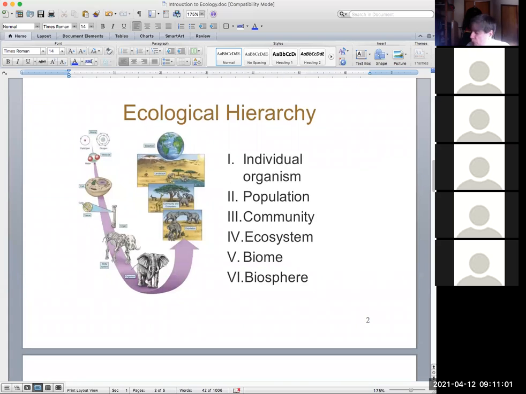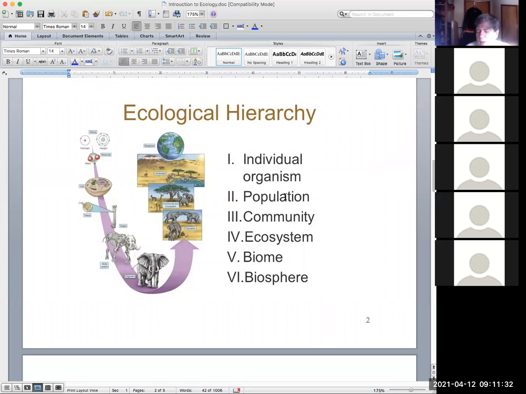Now, when we study ecology, unless we're studying a large organism, such as a person, and we could do the same thing with, say, an elephant or an oak tree, or something big enough for other cells to live in and on, unless we're studying a relatively large organism, we don't talk about organisms when we talk about ecology.